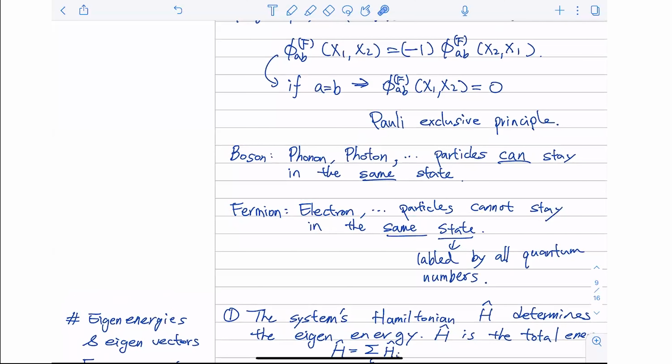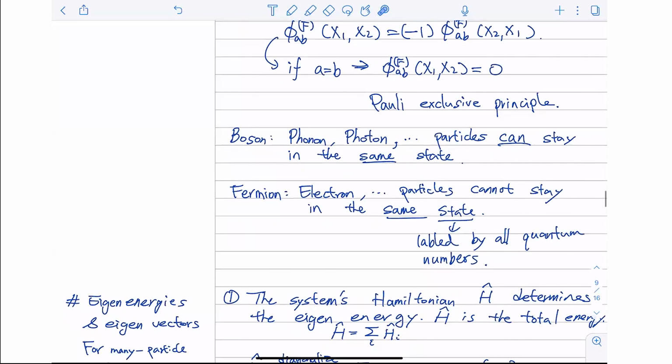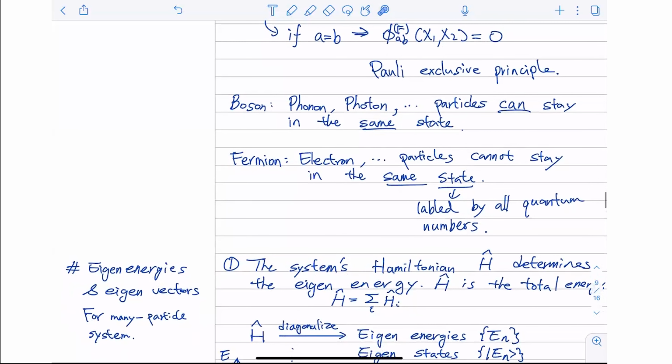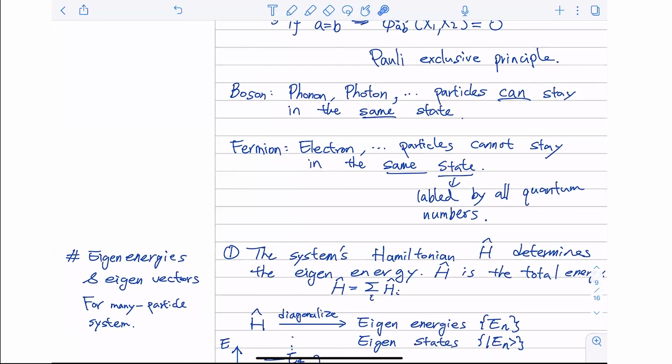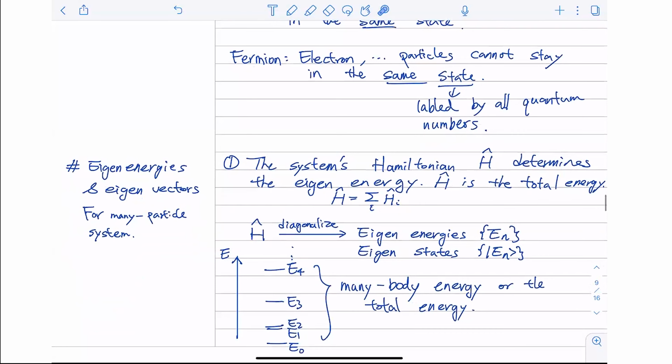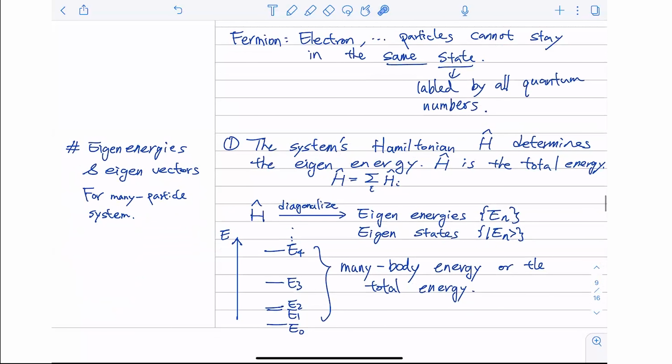And here, the same state means that the state needs to be specified with all the quantum numbers, including momentum and internal degrees of freedom, such as spins. Okay, so I think we will stop here. And then after 10 minutes, we will continue our discussion about the quantum many particle systems in a more formal fashion.